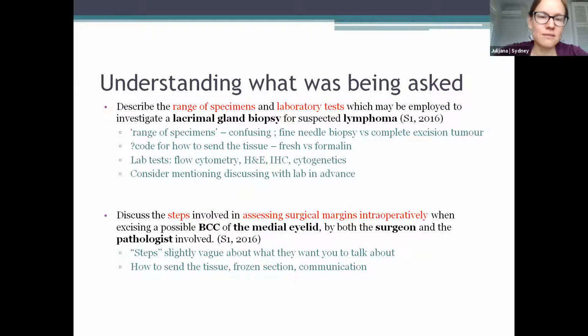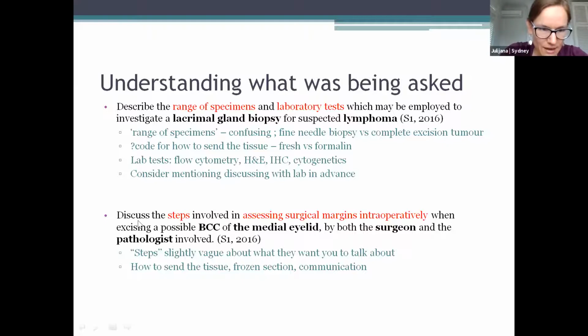And then the laboratory tests, I think they wanted you to talk about flow cytometry, H&E, immunohistochemistry, and cytogenetics. And for a lot of these sending specimen questions, I think it was important to talk about discussing it with your pathologist in advance so that the lab was ready and expecting a sample.